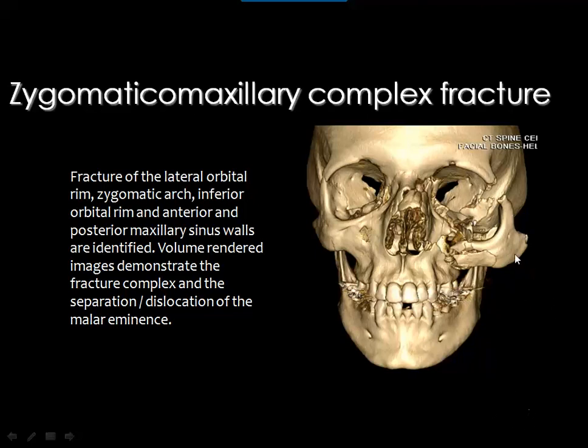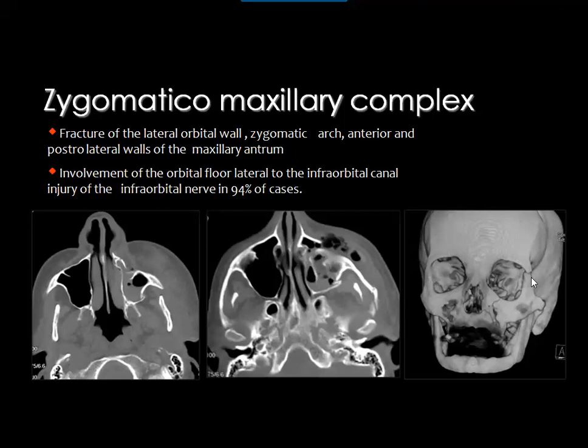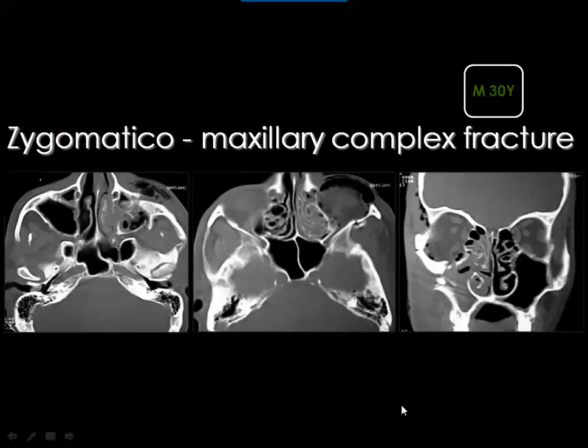You can easily appreciate marked displacement of the zygoma and the lateral rotation of the zygoma as well. Then if you look here, there is fracture of the anterior wall of the maxillary sinus, posterolateral wall of the maxillary sinus, the zygomatic arch, and upward you see fracture of the lateral orbital wall. Then you got the 4 components of the zygomatico-maxillary complex fracture.